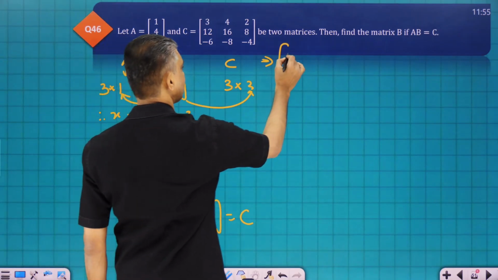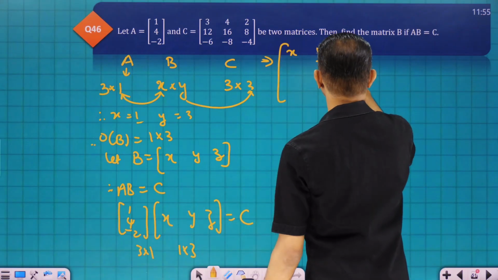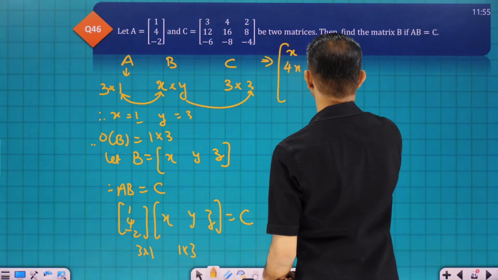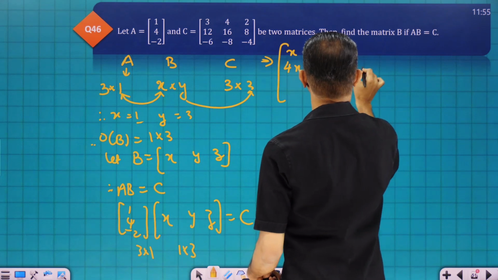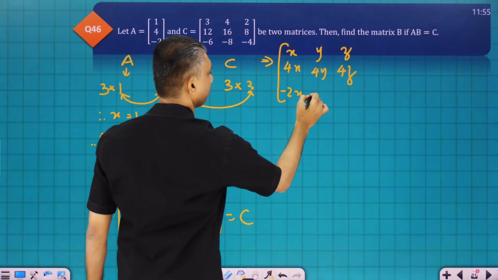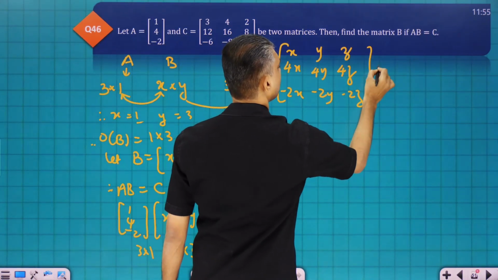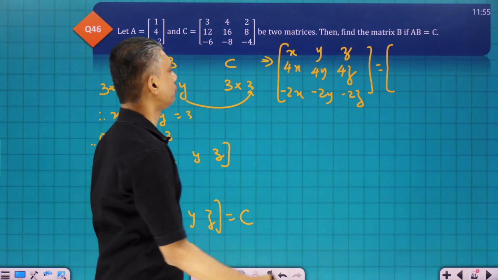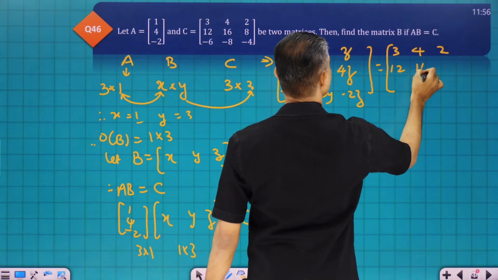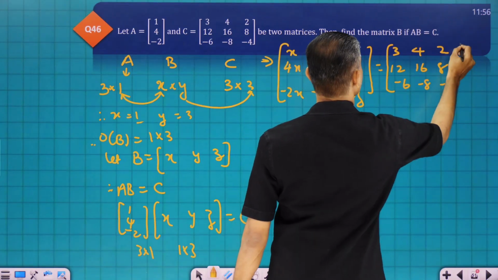So 1 into X is X, 1 into Y is Y, and 1 into Z is Z. Second row, 4X, then 4Y, 4Z, then minus 2X, minus 2Y, minus 2Z equal to C. What will be C? 3, 4, 2, 12, 16, 8, minus 6, minus 8, minus 4.